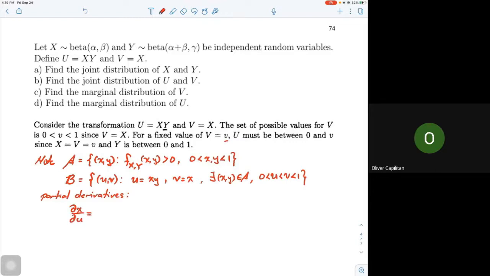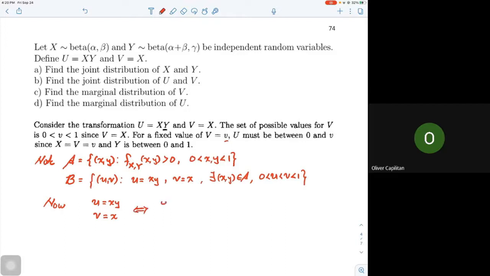But first, let us express our transformation. Now we have u equals xy, and v is equal to x, if and only if.